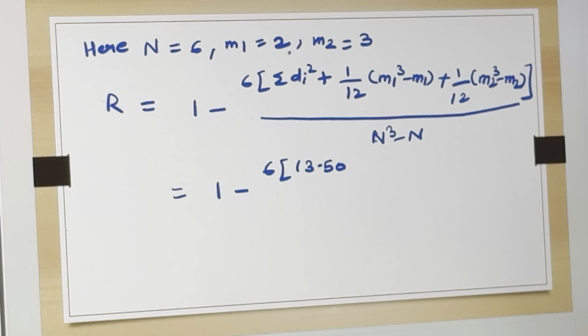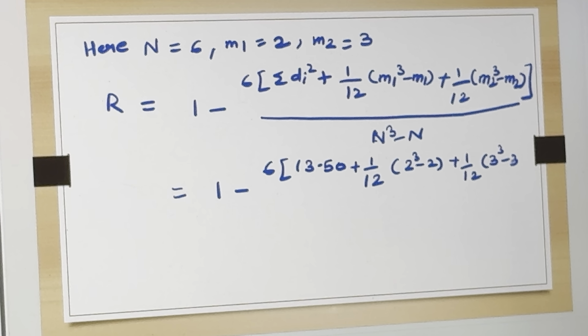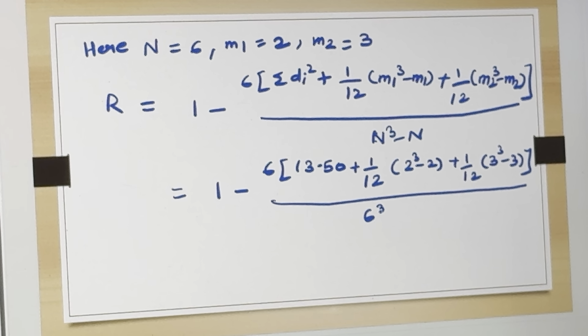and m2. Okay. So after substituting, you will be getting in the formula 1 by 12 into 2 cube minus 2 plus 1 upon 12 into 3 cube minus 3. Okay, that is the numerator. And the denominator is what? N is equal to 6, so 6 cube minus 6 you will be getting.